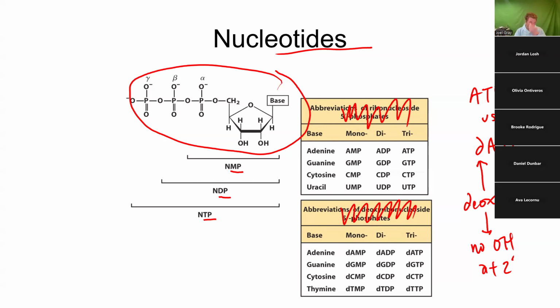Try to integrate the prime numbering and, well, what is this whole structure right here? Not worried about the base, done. Not worried about this being a deoxy or a ribose. This is a ribose. But how would you classify this as a nucleotide? Add it to the chat. Or how would you refer to this as a nucleotide?